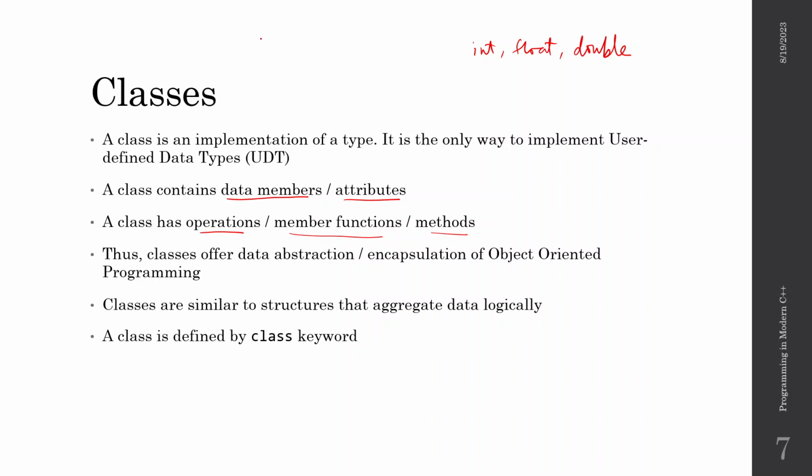Let us say that we are describing a car. A car might have fields such as the model of the car, the engine capacity, and the mileage. So a car can be described by 4 to 5 parameters, and conceptually all these parameters belong together.